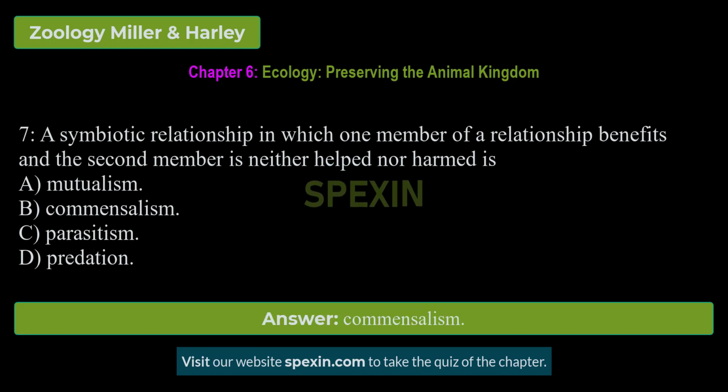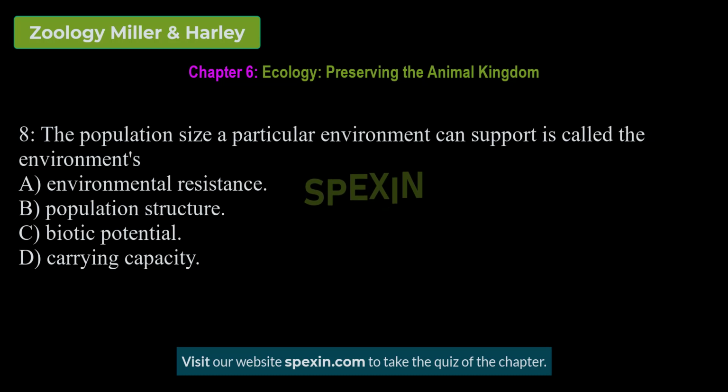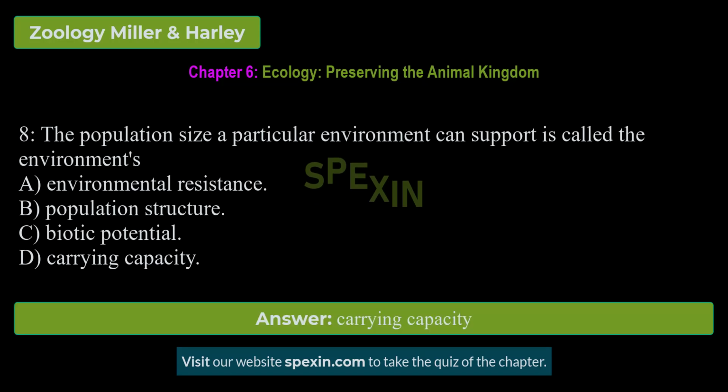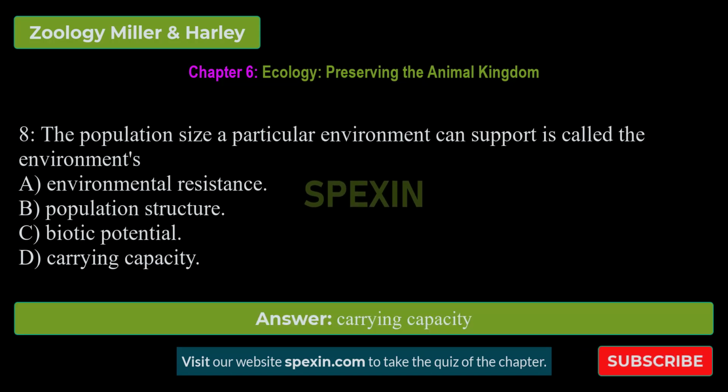Correct answer: commensalism. The population size a particular environment can support is called the environment's environmental resistance, population structure, biotic potential, carrying capacity. Correct answer: carrying capacity.